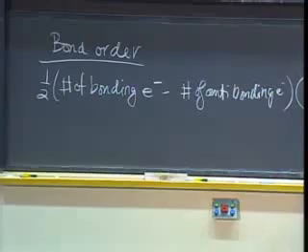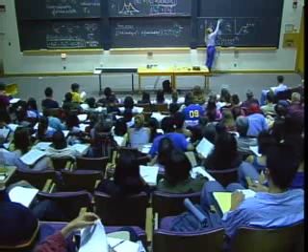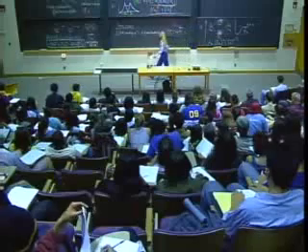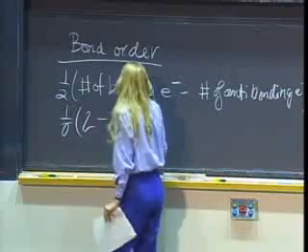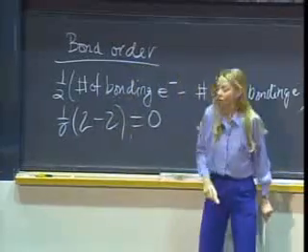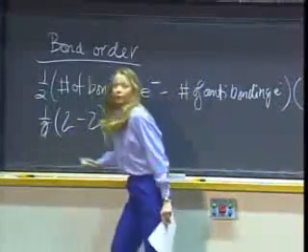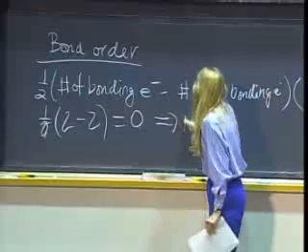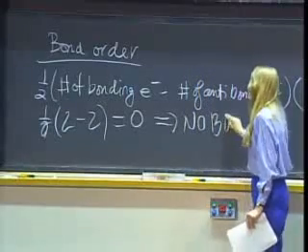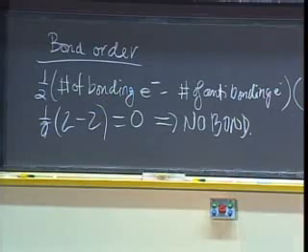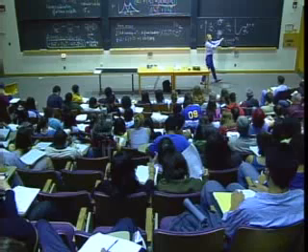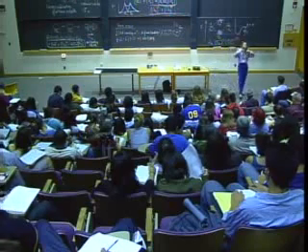All right, so in the case of helium-2, we've got 2 bonding electrons and 2 anti-bonding electrons. Hey, in the case of helium-2, the bond order here is equal to 0. When you have a bond order equal to 0, what that means is that you have no bond. All right? And indeed, that is the case. Helium-2 has no bond between them.